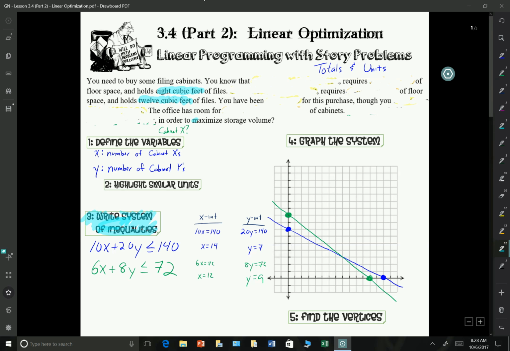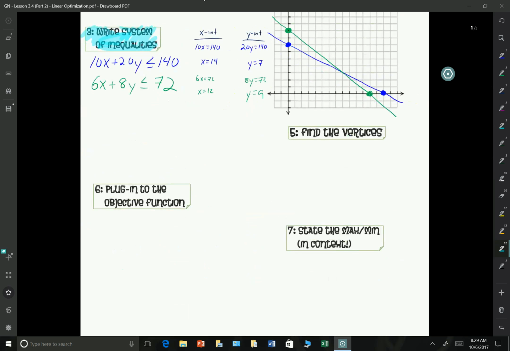Good job. Maximum storage volume, correct? Do we have a total? No. If you don't have a total, and this is something to write down, if you go through and match units and you see you have a unit with no total, that creates your objective function.